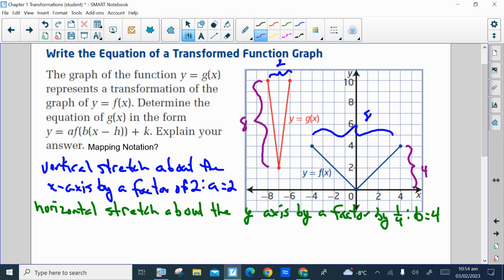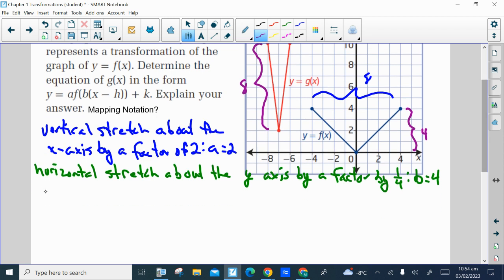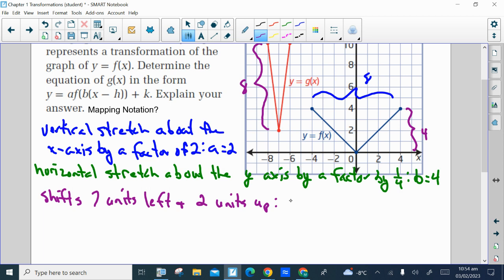And then lastly, the graph shifts 7 units left and 2 units up. So therefore, h is -7 and k is +2. The original function is in the form y equals f of x.